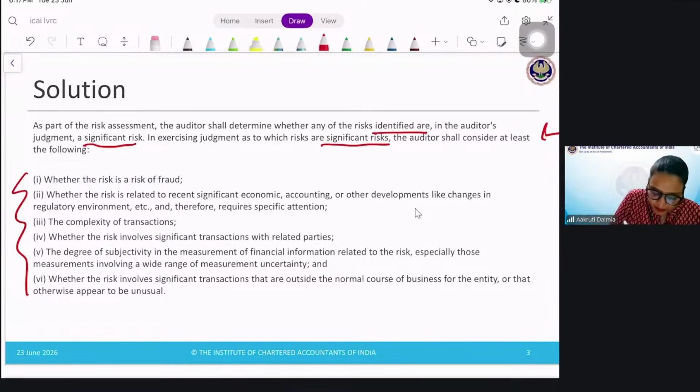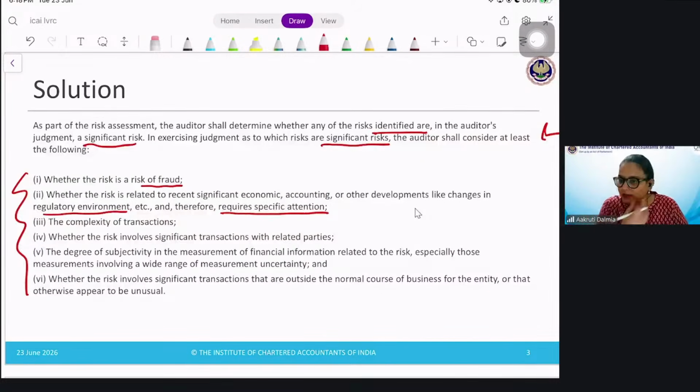What are the significant risks? Whether the risk is a risk of fraud, or is related to recent economic, accounting, or other developments like changes in the regulatory environment requiring specific attention. So do you remember 2018 when GST came, right or wrong? When people had to suddenly change from VAT and service tax to GST, do you think auditors would have counted GST as a significant risk?